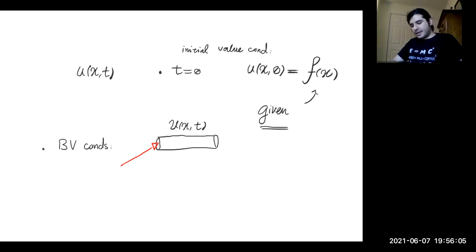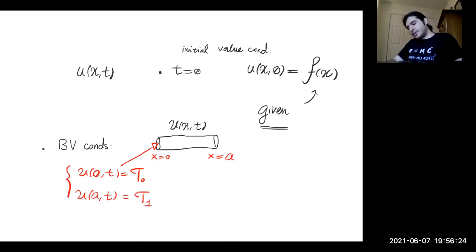If x here is 0 and x here is a, we can assume u of 0 and t at all times is something constant, let's show that with t0, and u of a and t is also always constant t1. You can think about these two parts, x equals 0 and x equals a, as the boundaries of the thing we have, and the conditions at those two parts are boundary conditions.